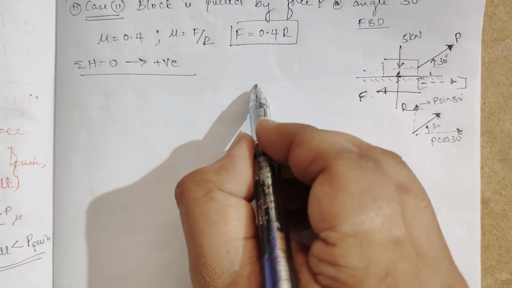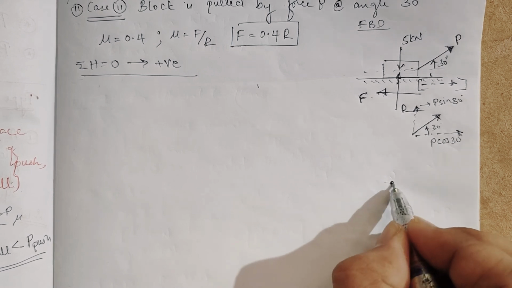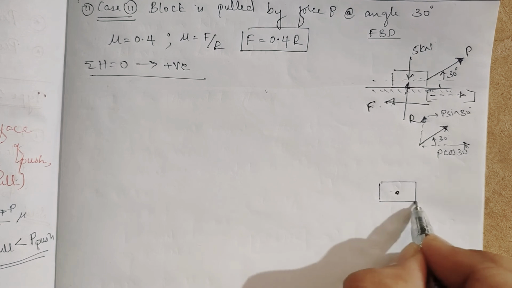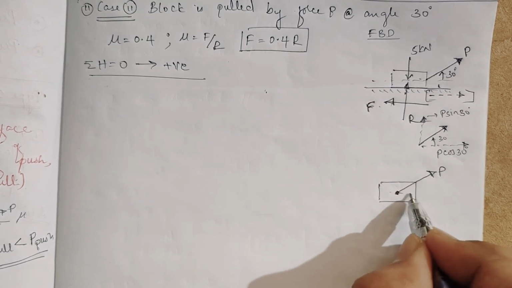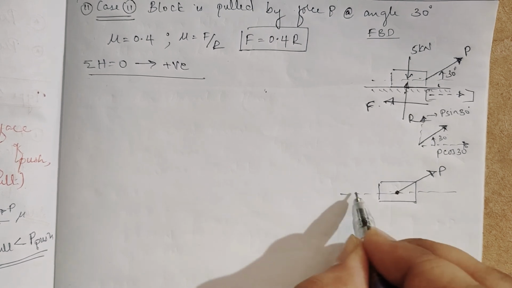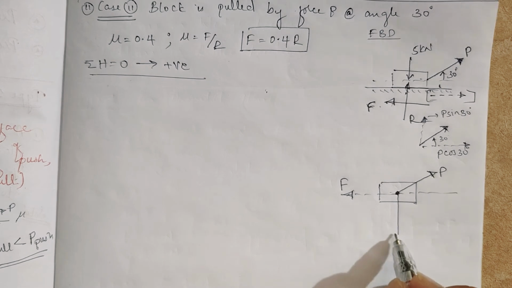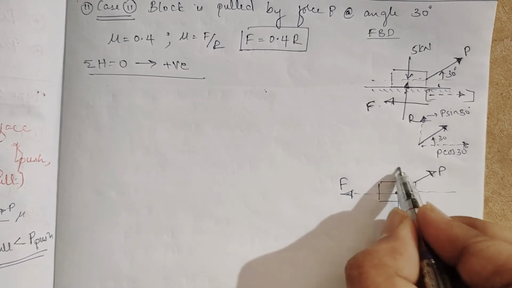So I'll take the block. This is P, this is F, this is 5 kilonewton, that is W, and this is R.